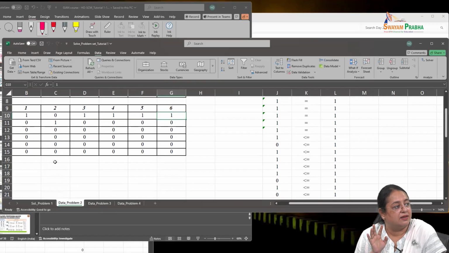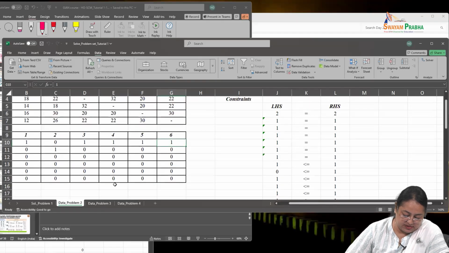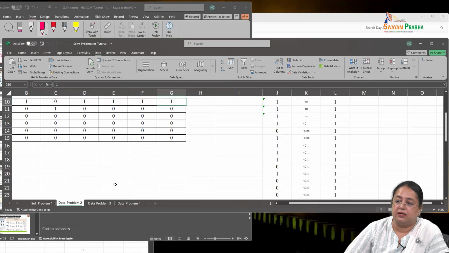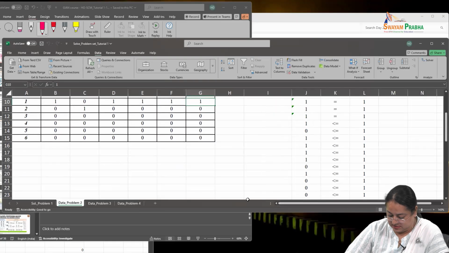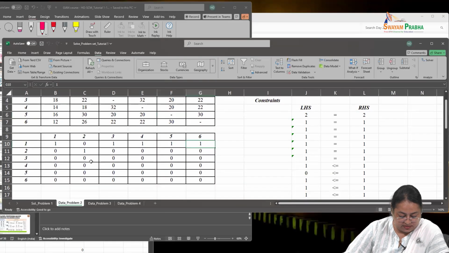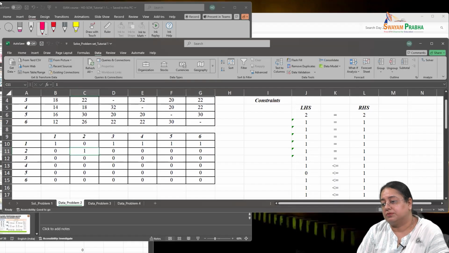These are hypothetical data. You can change them with real life data, like population, and you can manipulate them. So 2 is not connected with any of the facilities. Given this data on distance between each node, this is the optimal solution.